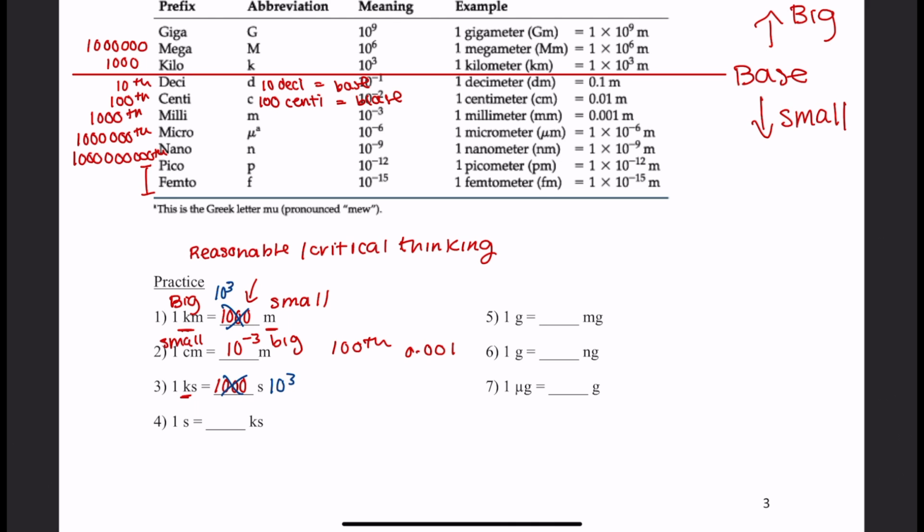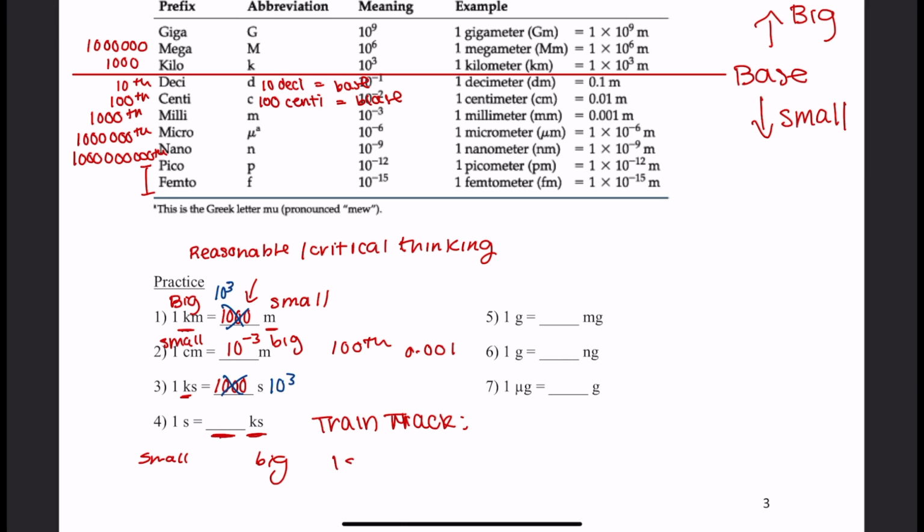Moving on to here, it goes from small to big. That means our number here is going to be small. Since I know there's 1,000 seconds in 1 kilosecond, I'm going to use the train track method to teach you guys this.